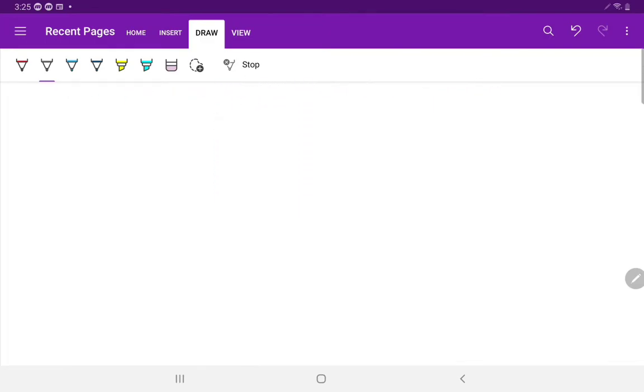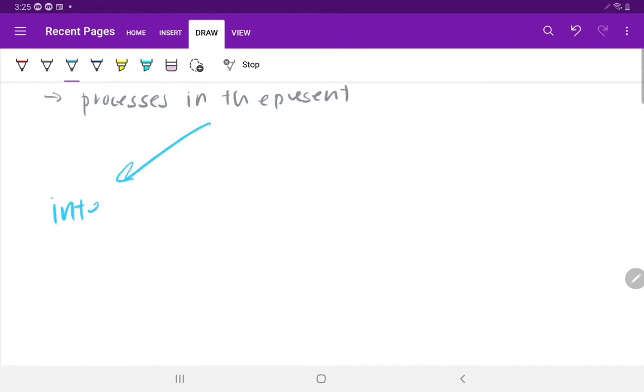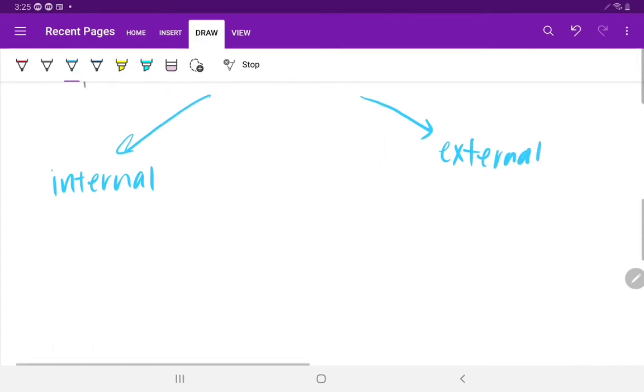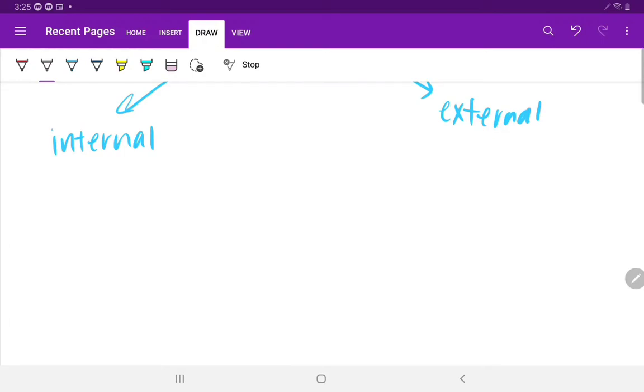When we think about these processes, there are two primary processes that operate in the present: internal processes and external processes.